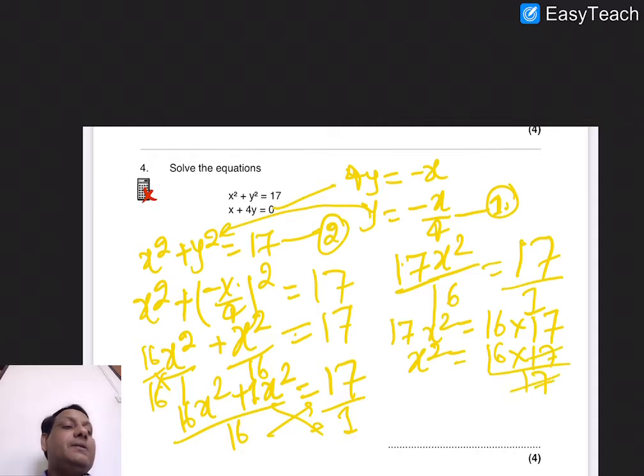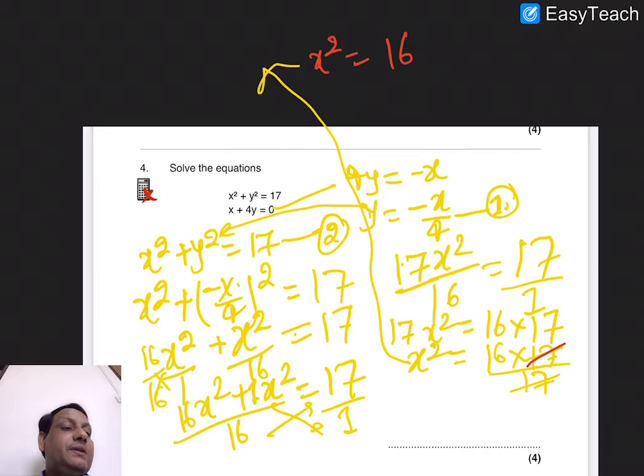The 17 got cancelled. So finally, x square is equal to 16. As you know, the square will go to the other side, so it's going to be the square root. So x is equal to plus minus square root 16. So x is equal to plus minus 4.